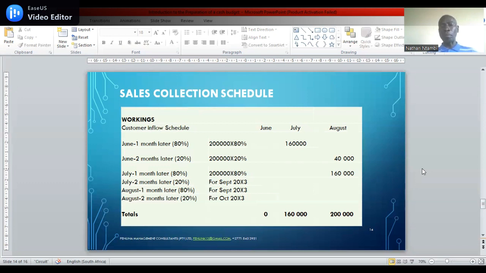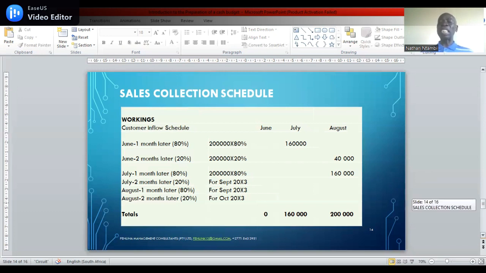August figures are not going to be reflected at all because they are expected in September and October. Now, when we add up our sales for each month, cash receivable for each month, June is going to be 0, July is going to be 160,000, and August is going to be 200,000.